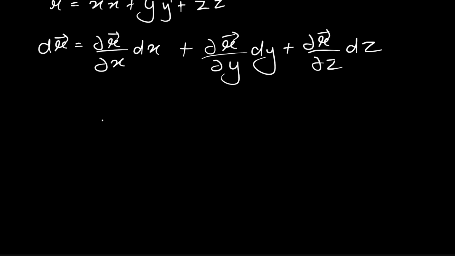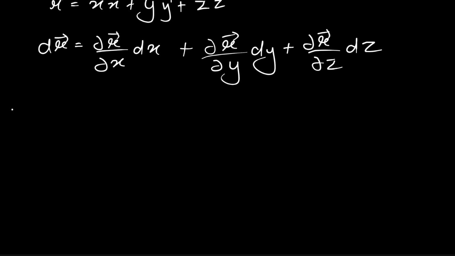Then for generality, we have to assume something. Let me take generalized components and unit vectors.